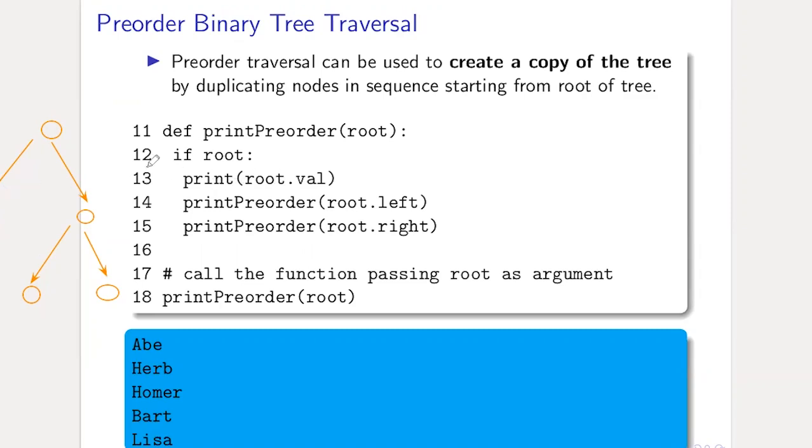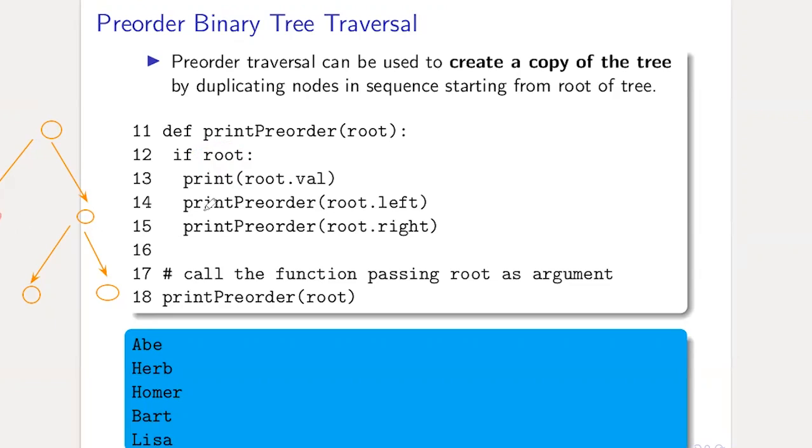So I will check if root, that means I'm checking whether there is a valid pointer. If there's a valid pointer, I will print the data at that particular node, and then I will call the left hand side subtree.